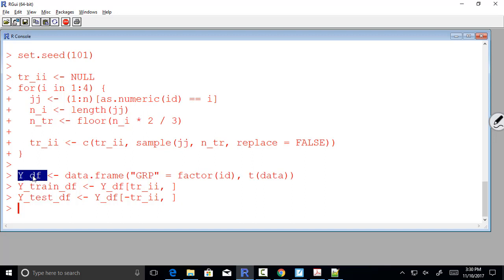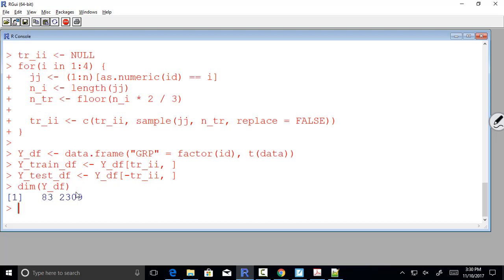I created a data frame called y_df, like y data frame. This is 83 by 2309, one row per individual, and then I have separate columns for each of my 2308 predictor variables, and I have a column for the response. Called it group.